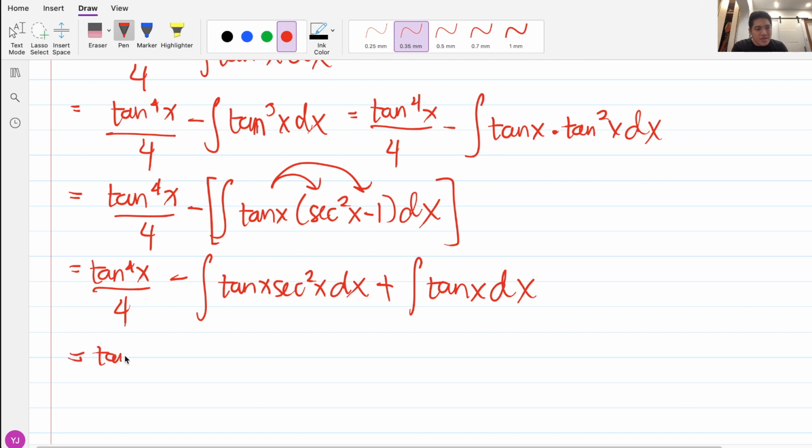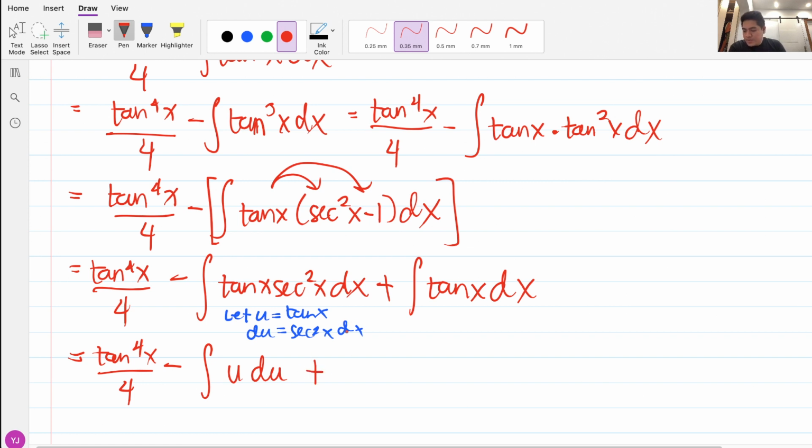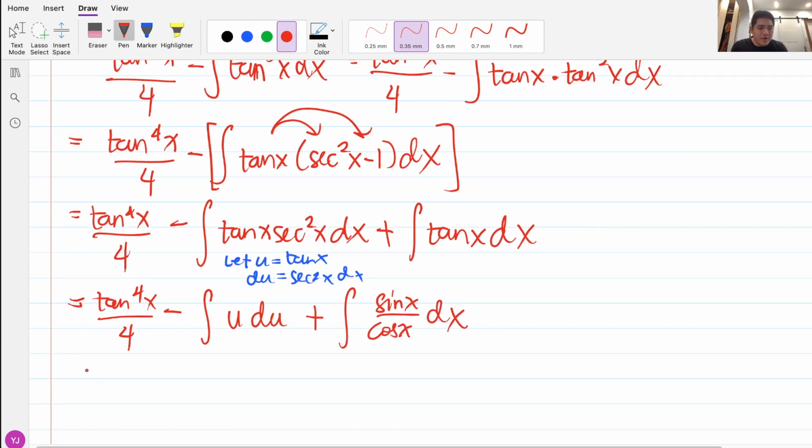So we have tangent raised to 4 of x over 4 minus, and if I let u equal tangent of x, du would be secant squared of x dx. So we can simply do u substitution here, u du, and then plus, tangent is sine of x all over cosine of x. That is already readily integrable, we know that, but I just show you the integral of tangent of x.